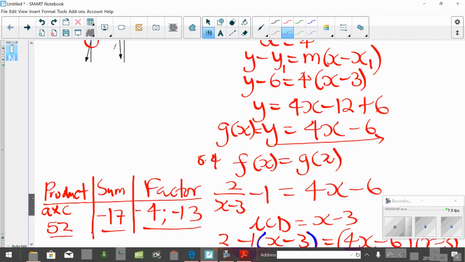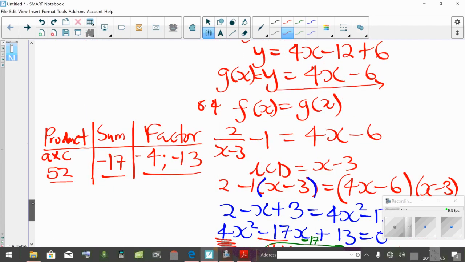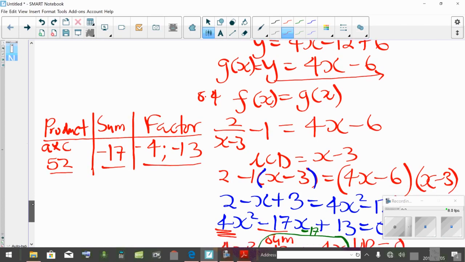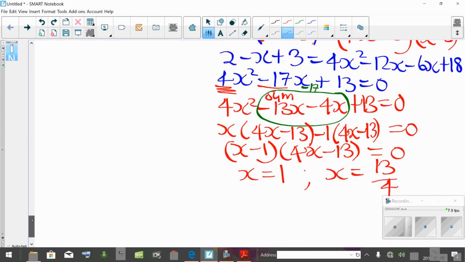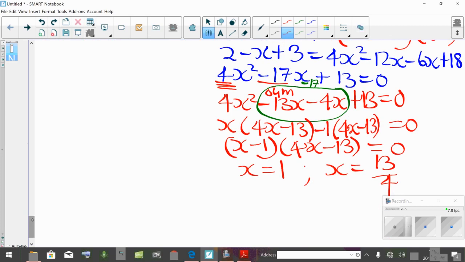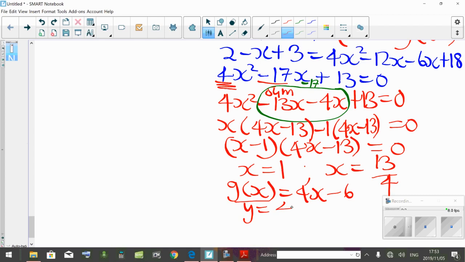Now that we have the x values, remember A and C are at the points of intersection of G and F. We can take our x values and substitute them either in F or in G. But since I like to make my life easy, I'm going to substitute in G. Remember we said G of x is 4x minus 6. And always remember that G refers to y, or F refers to y. So my y value, I'm going to substitute the first x value that I obtained, and I'm getting negative 2.